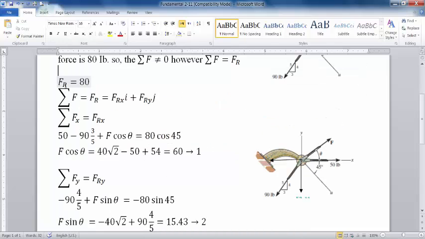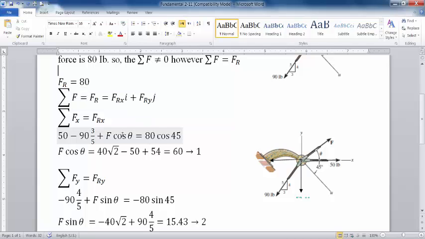We have a resultant force of 80, so the resultant force has an i component and a j component.